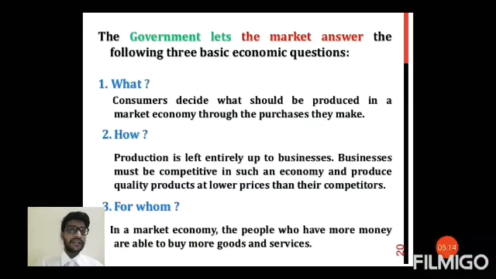The government lets the market answer the following three basic economic questions: what, how, and for whom. What: consumers decide what should be produced in the market economy through their purchases. Businesses must be competitive, producing a quality product at a lower price than a competitor.